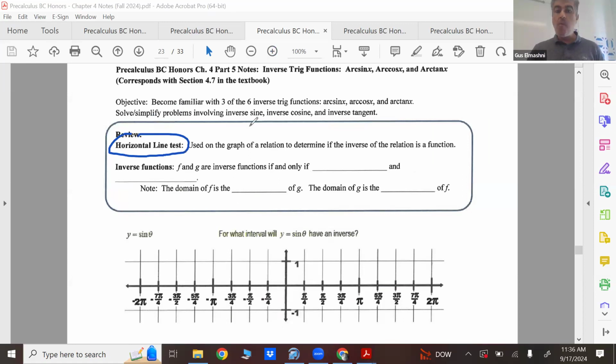Why do we use that? Right, exactly. So f and g are inverse of each other if and only if f of g of x equals x and g of f of x equals x. The domain of f is the range of g. The domain of g is the range of f. Okay, sorry, my handwriting sucks there. You guys get that right? We're good? Okay.